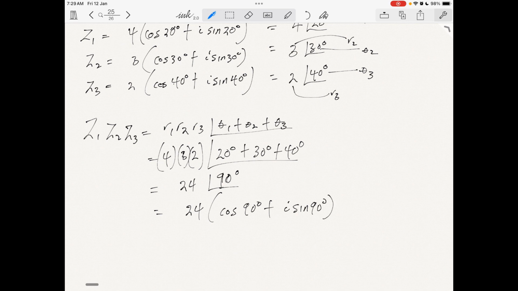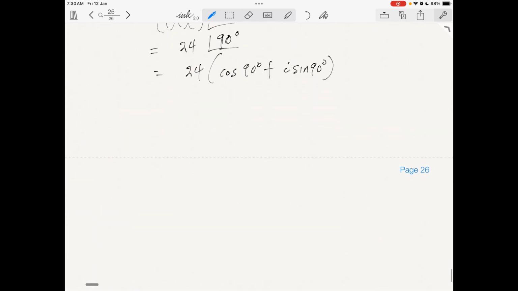So questions can come in any format, and the principle remains the same. If we are dividing, we divide the r and subtract the angle, and if we are multiplying, we multiply the r's and add the angles together. So let's take for instance, let's call this question 3.